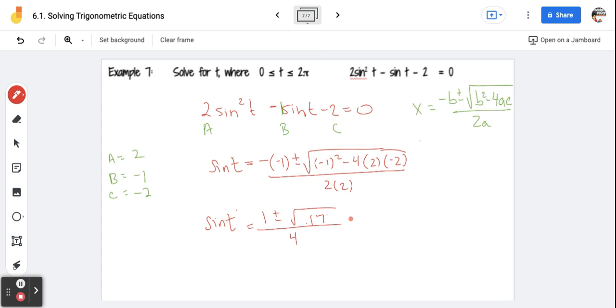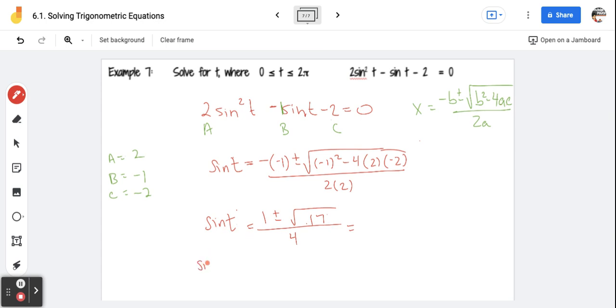Well, let's figure out what this value is in decimal form first. So let me put this in my calculator. We've got 1 plus the square root of 17, and that's divided by 4. So I get 1.28. There are 2 answers, so I'm going to do it like this.